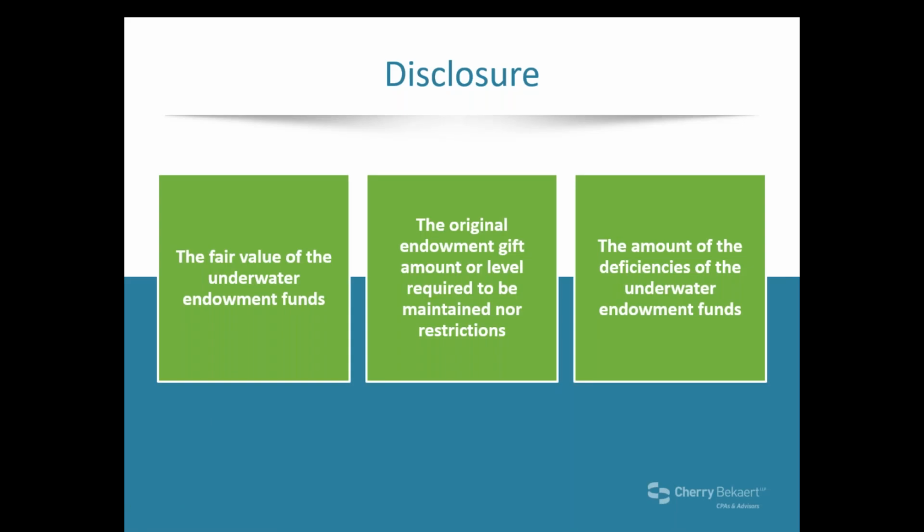And in addition, you will also need to disclose, if you haven't already done so, the total fair value of the underwater endowment funds, so the total dollar amount, the original endowment gift amount or level required to be maintained, and then the amount of deficiencies of the underwater endowment funds. So this is going to be both the number of funds that are underwater as well as the total dollar amount.